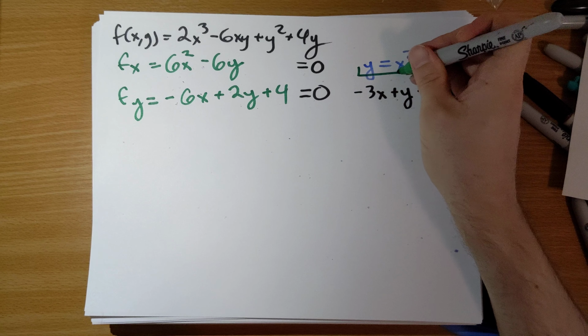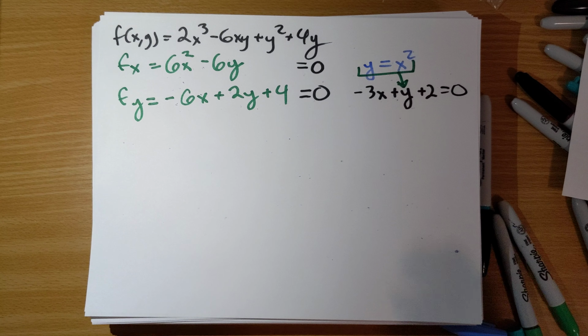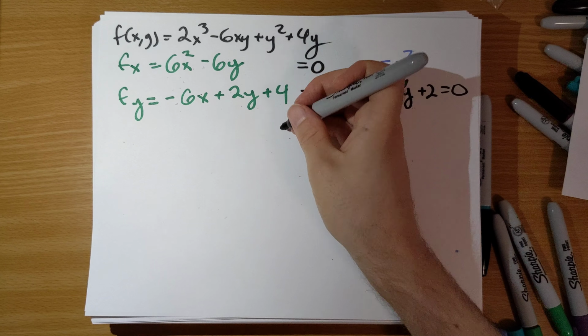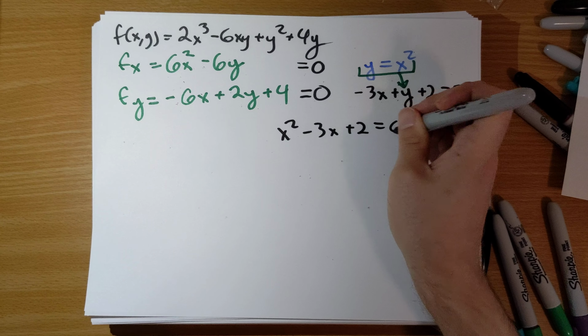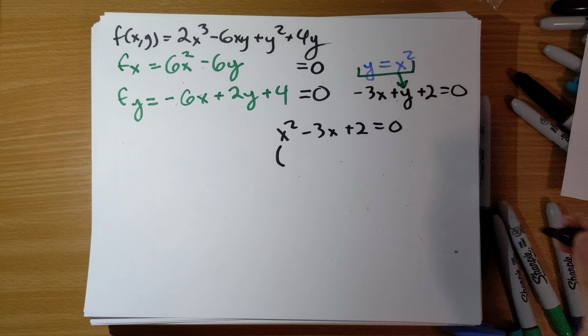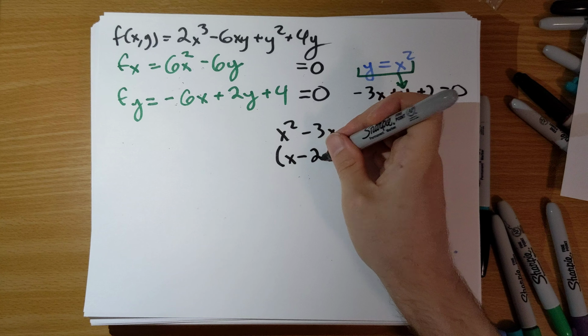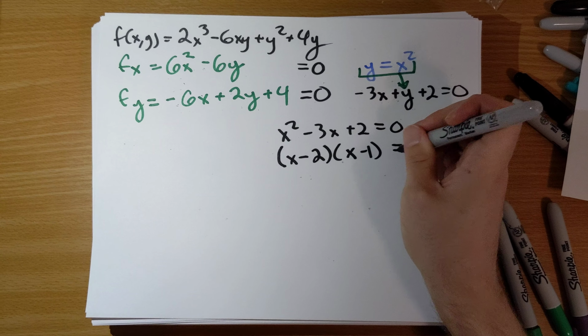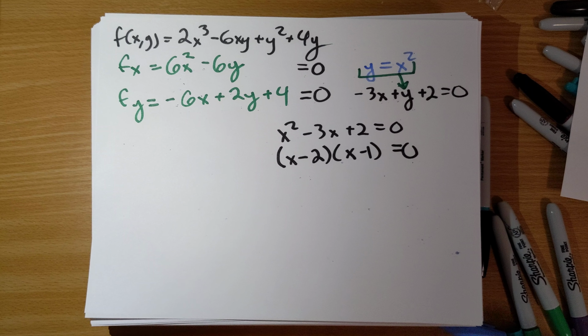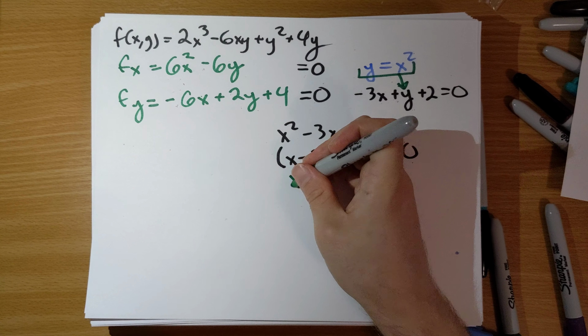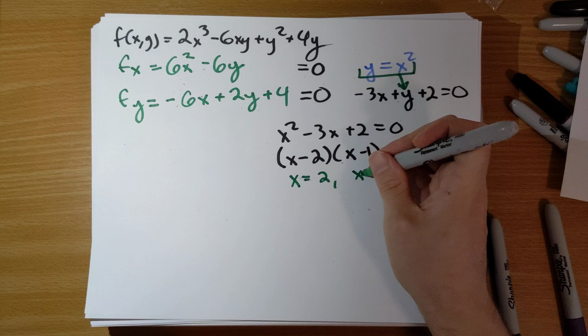So now let's substitute in y is equal to x squared. This gives us x squared minus 3x plus 2 is equal to 0. This factors nicely as x minus 2 times x minus 1 is equal to 0, which has two solutions: x is 2 and x is 1.